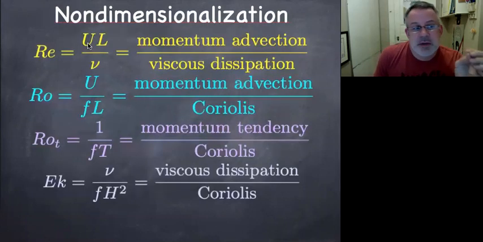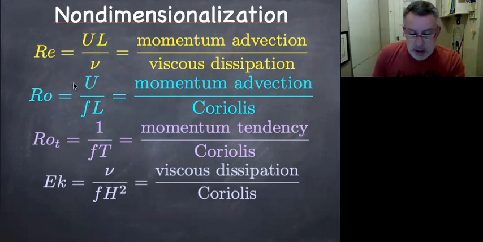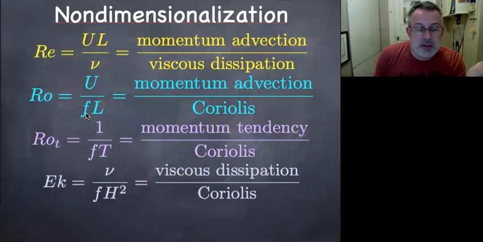Okay, so some of the ones that we've talked about are the Reynolds number, the Rossby number, the temporal Rossby number, and the Ekman number. And in each of these cases, we can think of these either as a ratio of, say, the velocity times length over viscosity for the Reynolds number, or the velocity over the local Coriolis parameter times length for the Rossby number.